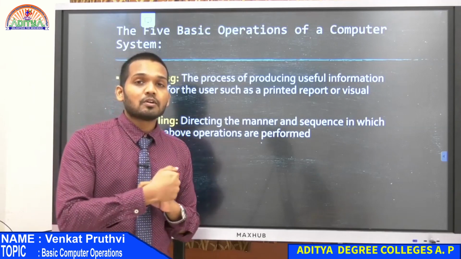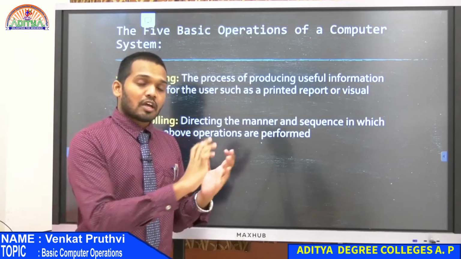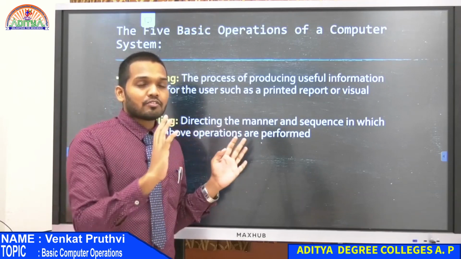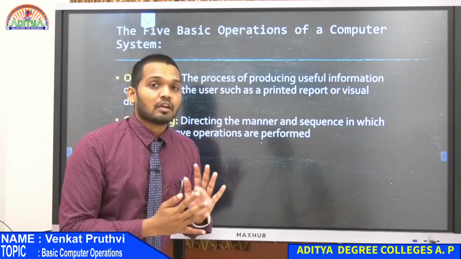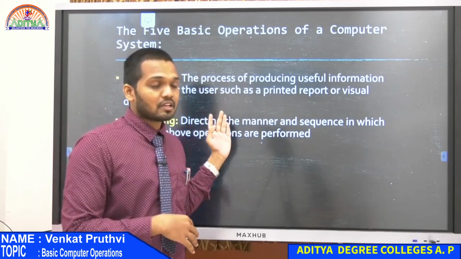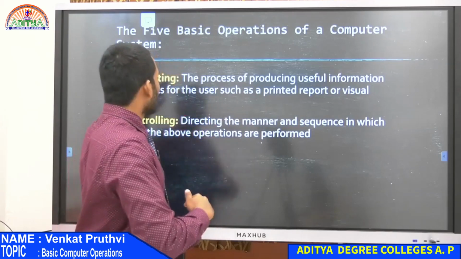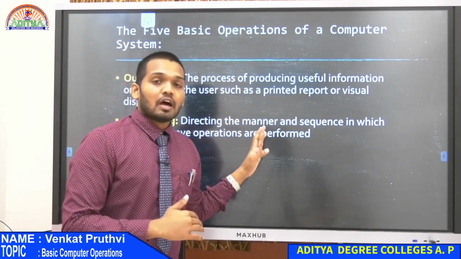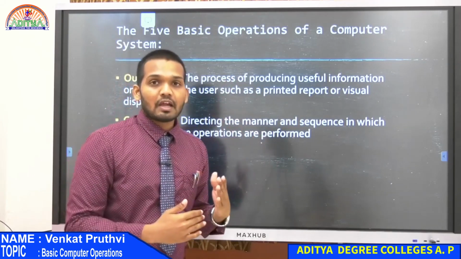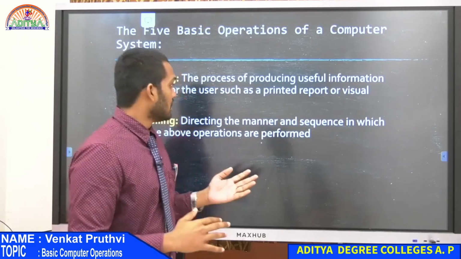So it takes care of all the processing that needs to be done. And we had something called the control unit, CU, in the previous slide. That control unit makes sure that all of these 5 operations are performed in a systematic way and the proper, accurate output is achieved for the user.